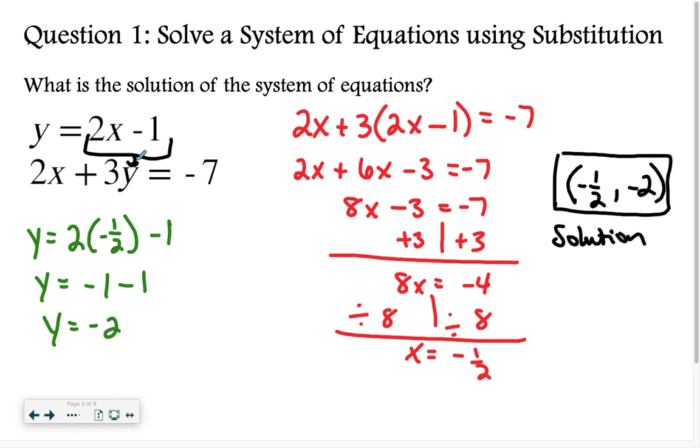Once you had that number, you now had your x and your y values, which means you have your ordered pair. So my solution as an ordered pair is negative 1/2, comma, negative 2. That means that those two lines, if you were to graph them, would intersect at negative 1/2, negative 2. Okay?